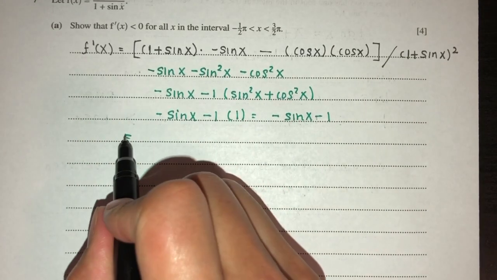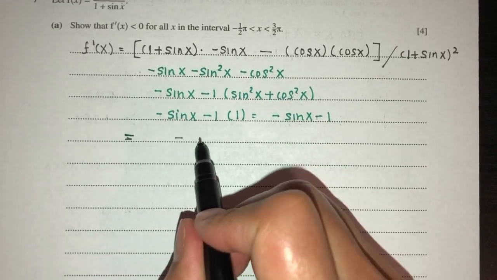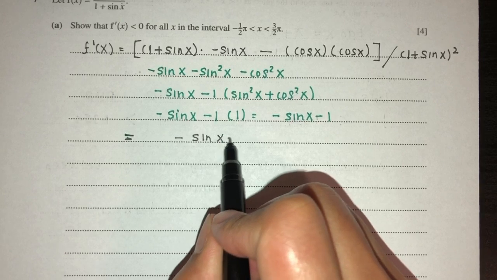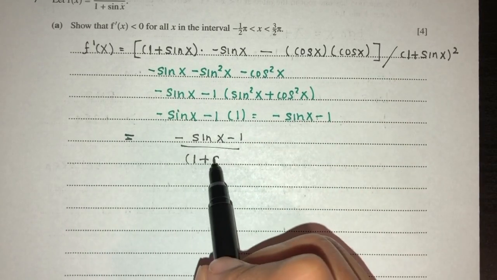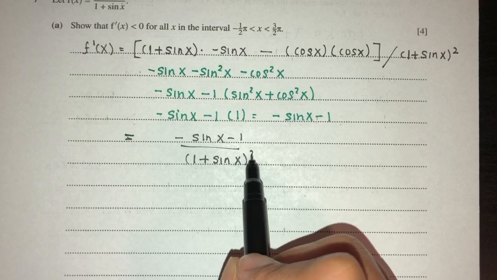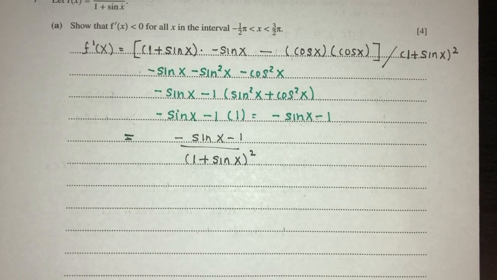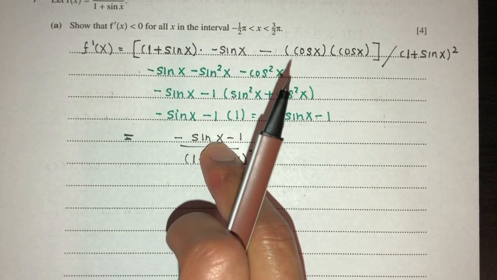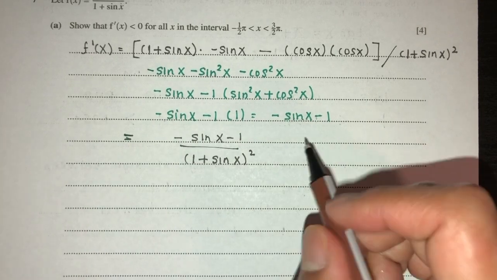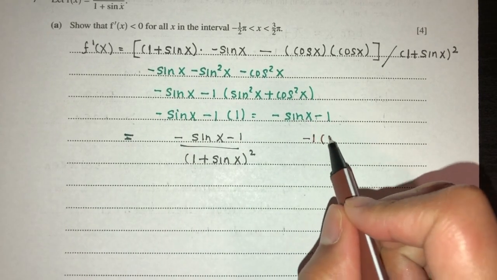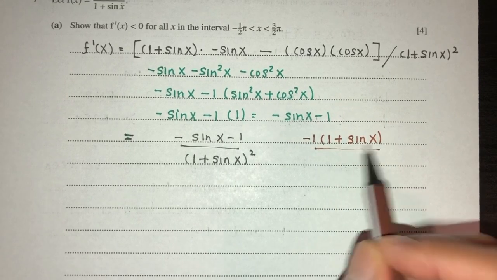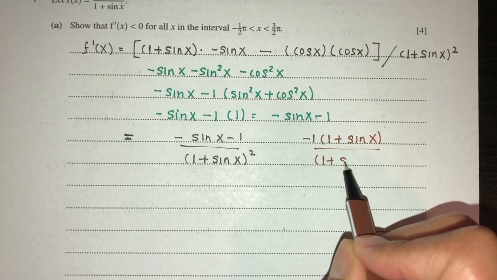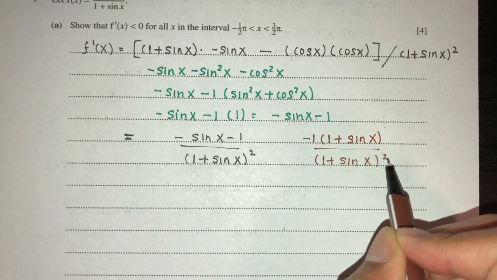So replace this back in your main equation. You will have minus sin x minus 1 over (1 plus sin x) squared. Now you have to observe that we can make that become like this, right? If you take out minus 1, you will have 1 plus sin x over (1 plus sin x) squared.